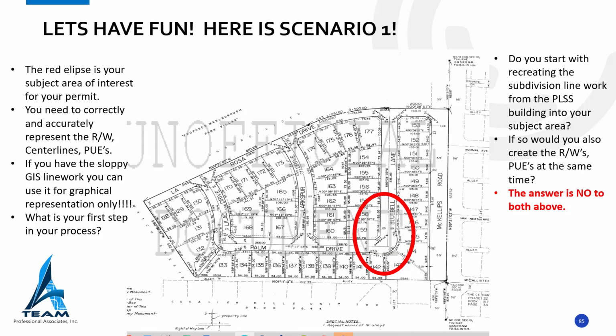Only focus on your subject area, which means drill down to the center line that is necessary for your subject permit. And then from the center line in that small little area, you can correct up the rights-of-way lines and create the PUEs. Hope that makes sense.